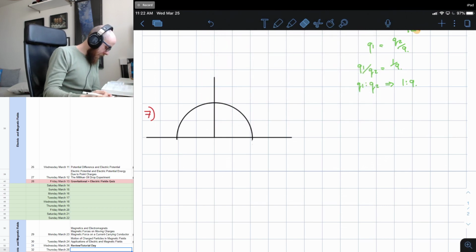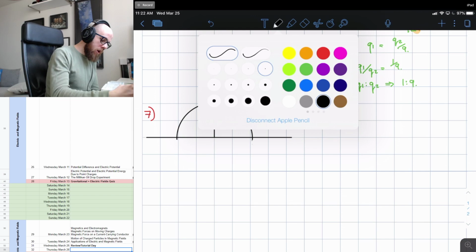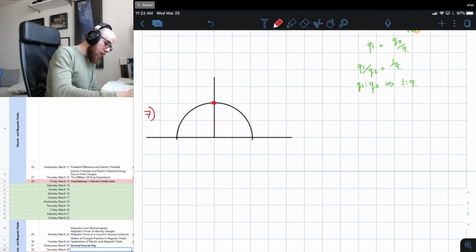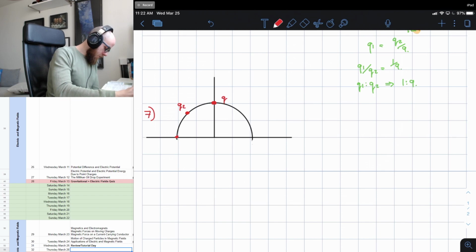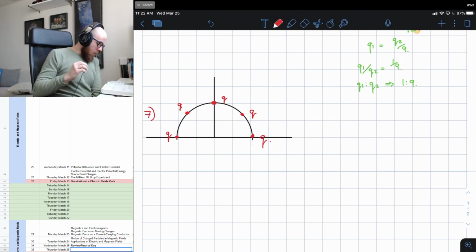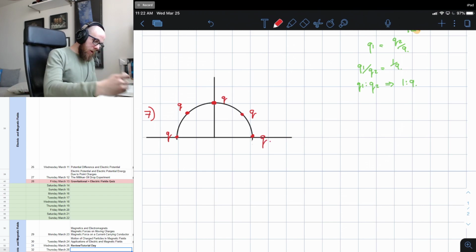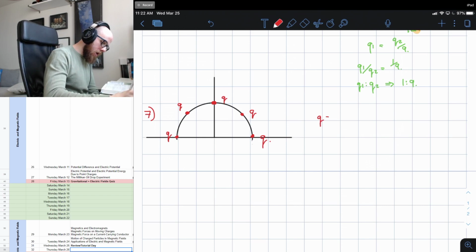Okay, so in this question, I have 5 point charges, and they are all equal, and they are spread around a semicircle, like so. Q, Q, Q up here, and one last Q. Each of these point charges has a charge of 7.5 coulombs.